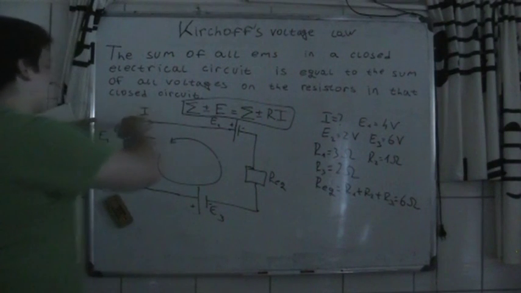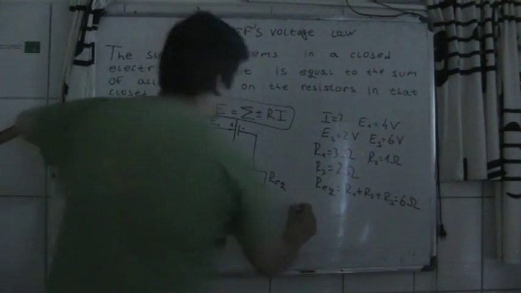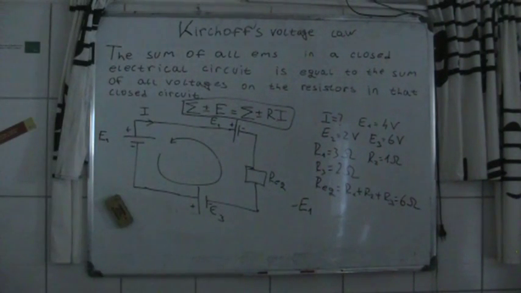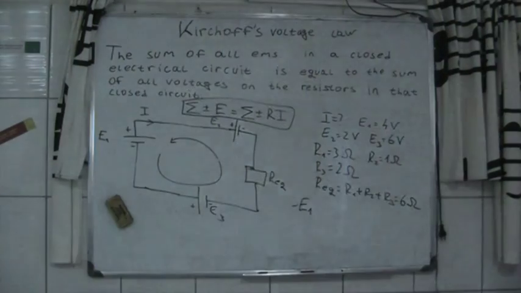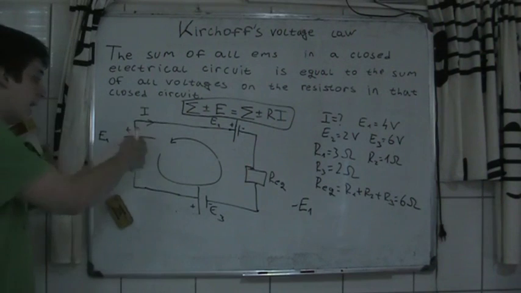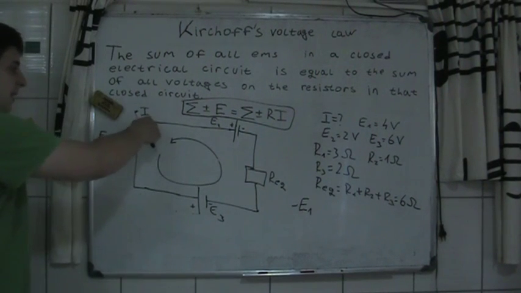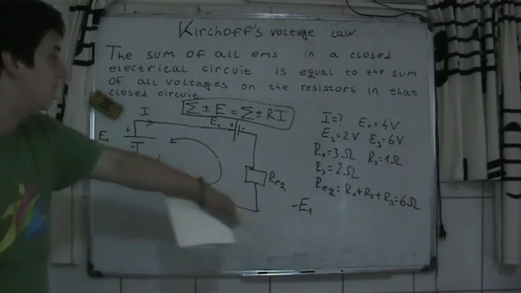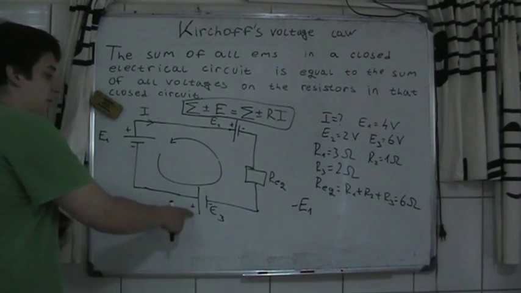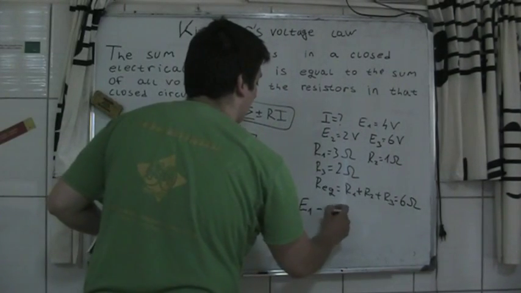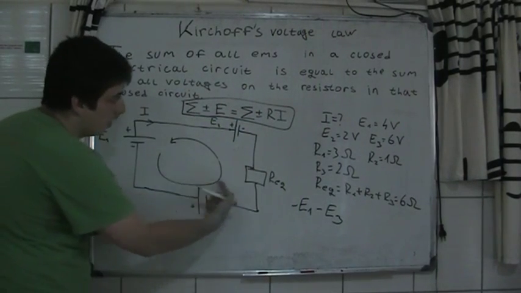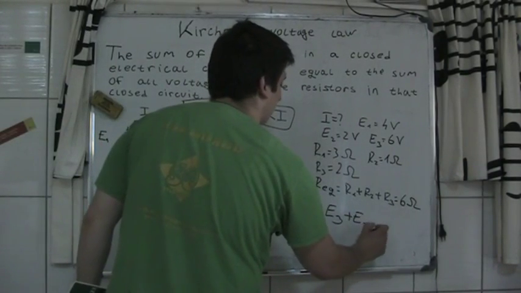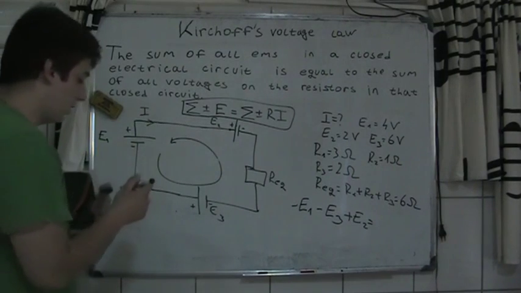It comes into the plus sign of E1, so we put minus E1. That's not normal for the EMF to look from plus to minus, so we put minus E1. Here it comes into the plus sign of E3, so that's minus E3. And here we go and it comes into the minus, so we put plus E2. That's all the EMFs in this circuit.